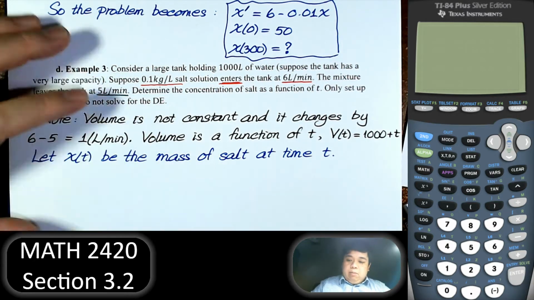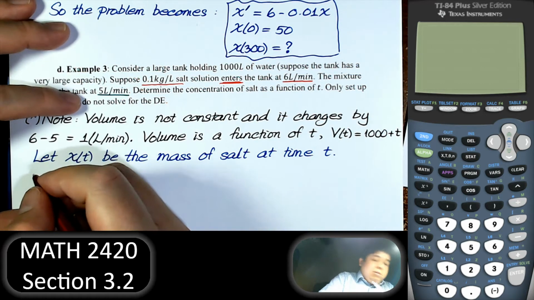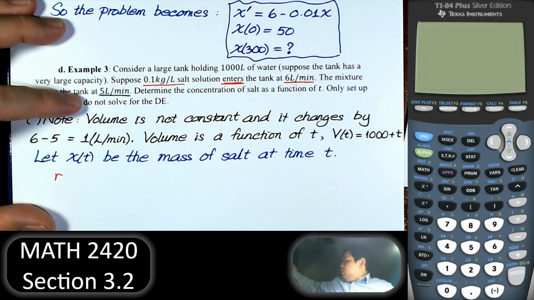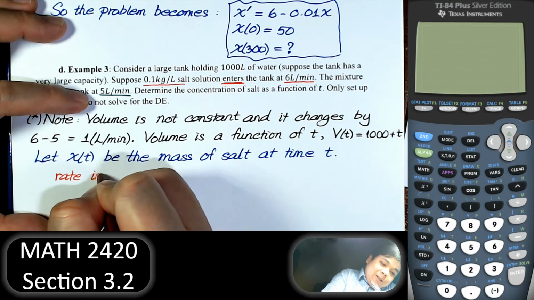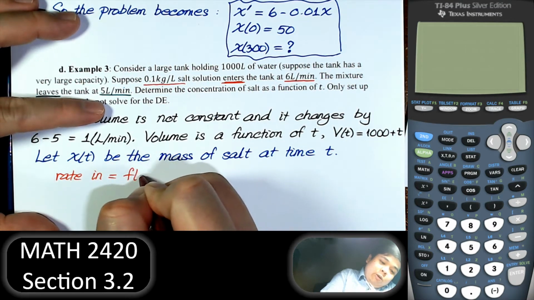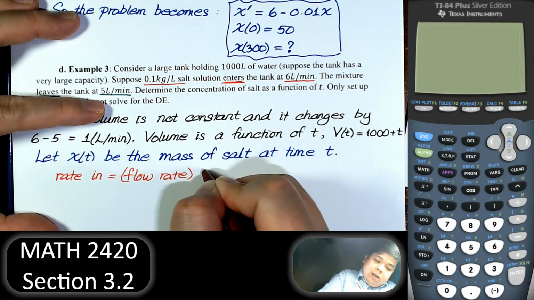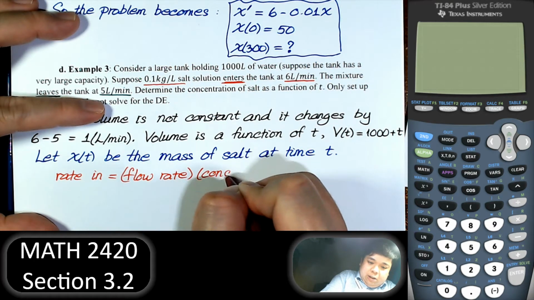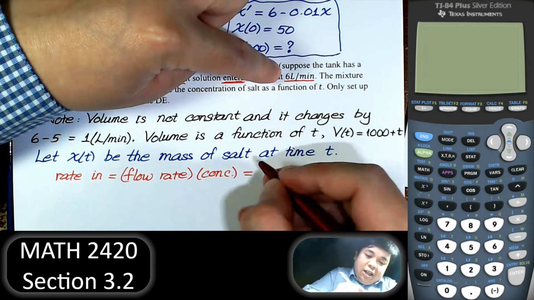Now the rate coming in: we have flow rate times concentration. Flow rate 6 liters per minute.